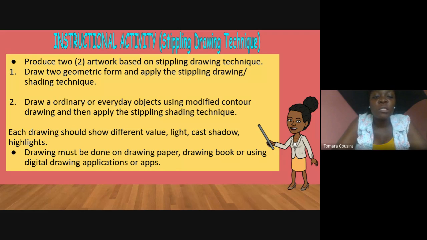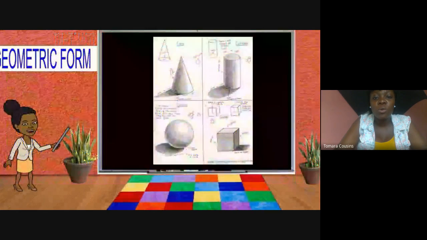And then you're going to start to draw a subject. So you can, if you notice, select between the lemon or maybe a cologne bottle or the coconut as I showed you, or anything in your everyday environment, your ordinary environment. You just select a subject and you apply the stippling technique to it with the idea of creating light, showing cast shadow, range of values or tones.